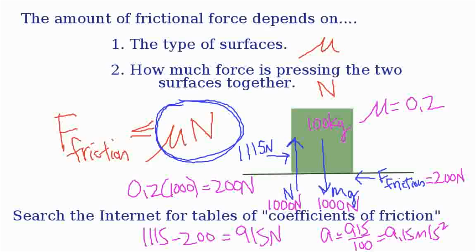Now let me give you a couple other examples to think about. Suppose that I had a car driving down the freeway and it was cruising. So you're cruising at 65 miles per hour. Okay, what is the total force acting on the car?